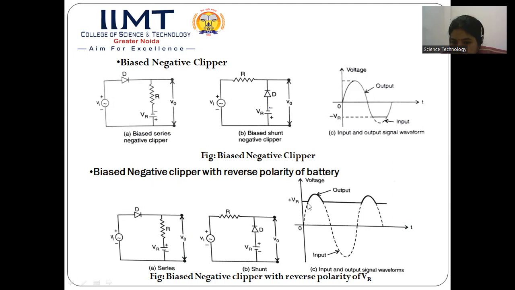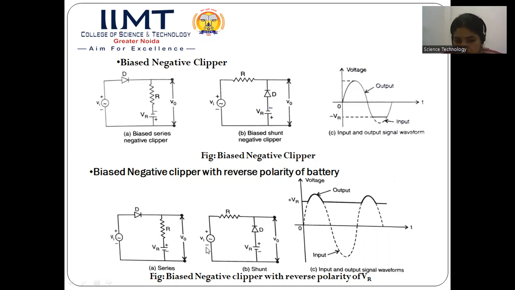Once the value of Vi is more than VR, this diode will become reverse bias. When this becomes reverse bias, we will start to get the output. So this is how the output waveform will look like.